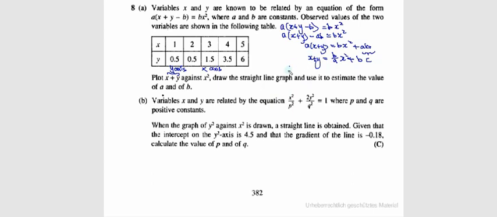Therefore, let's check whether it fulfills the requirements. Now, the constant is an unknown. There's no x and y in the constant here. Remember y equals mx plus c, c shouldn't have x and y inside.